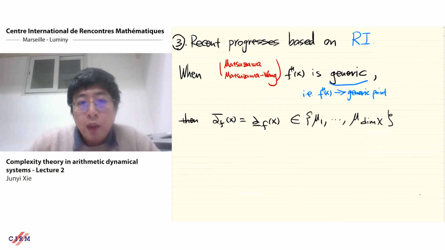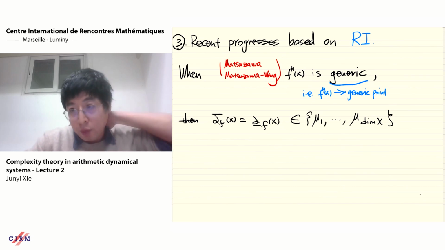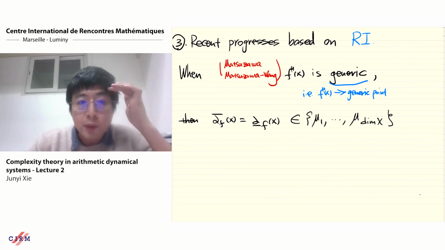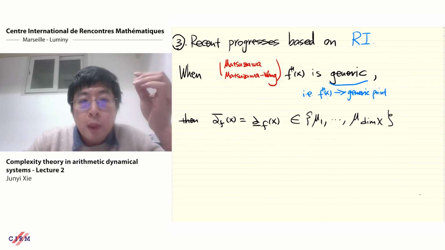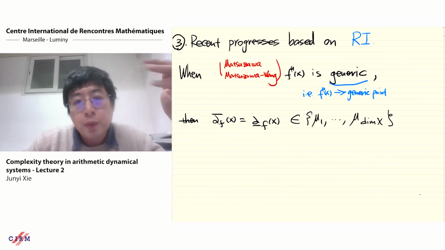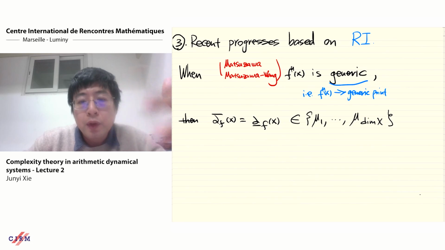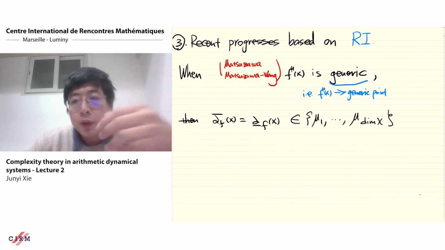Okay, so recently there has been a lot of progress on this Kawaguchi-Silverman conjecture, and all this progress is based on the recursive inequality we mentioned before. I think one significant result is this one by Matsuzawa. It was first proved by Matsuzawa and Wang Long in a special case and by Matsuzawa in a more general case.